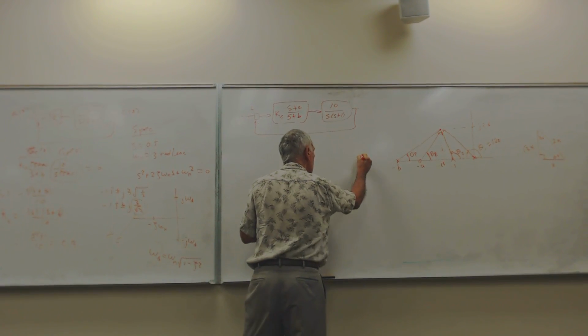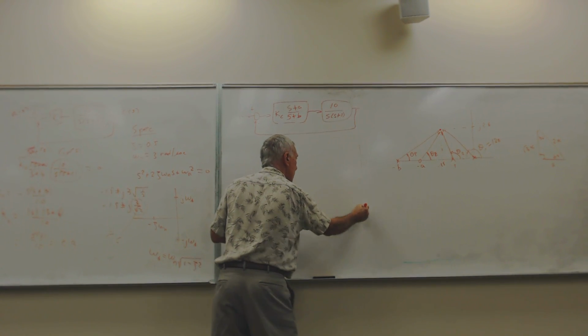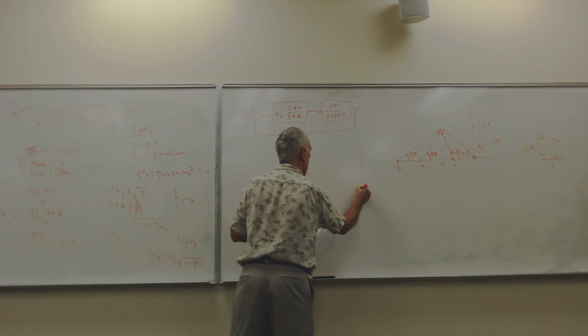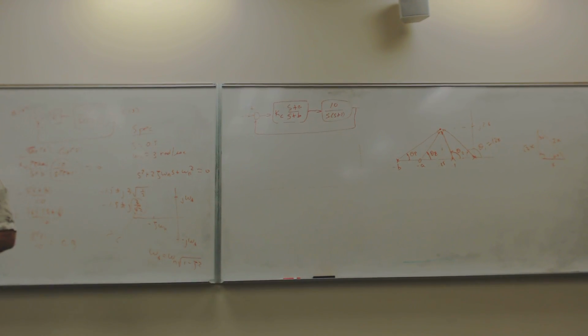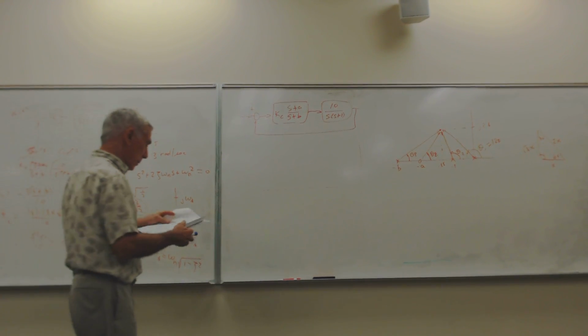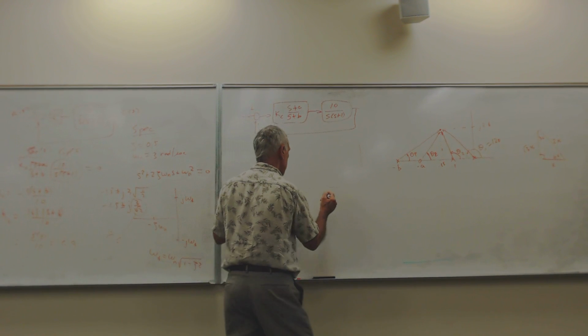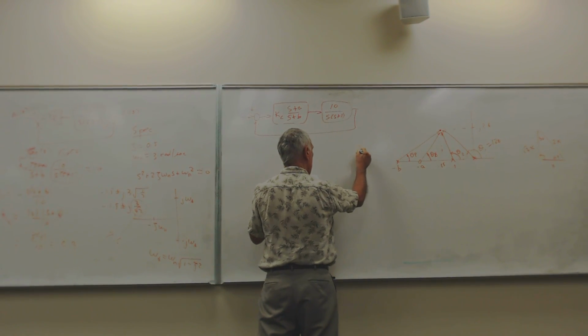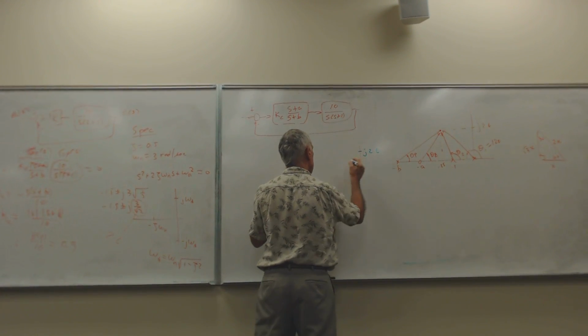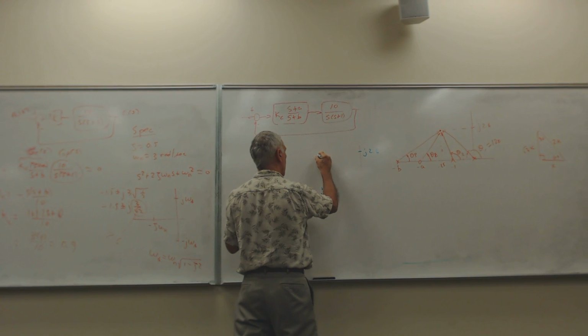You have the desired pole, which is at minus 1.5 plus j 2.6, and so we have the desired pole there.